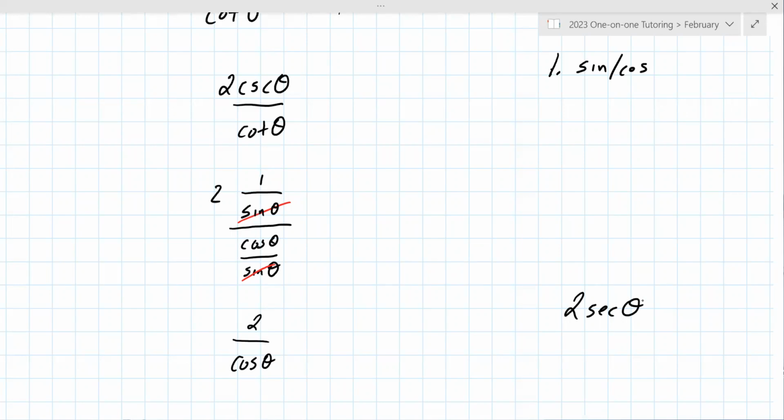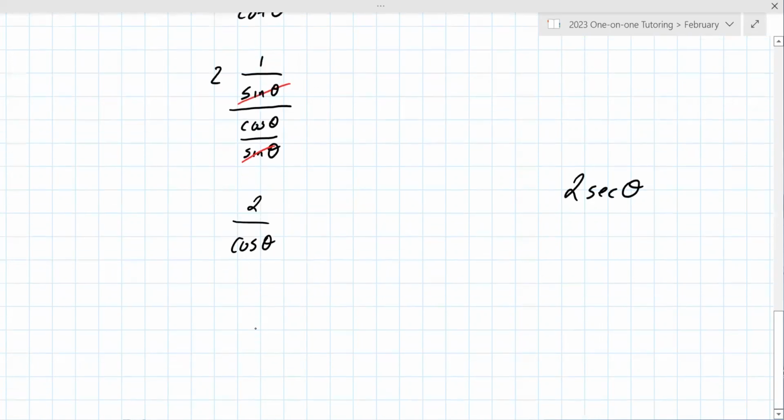No, it isn't. Double check, because 1 over cosine is, whenever cosine is in the denominator, secant. That's right.